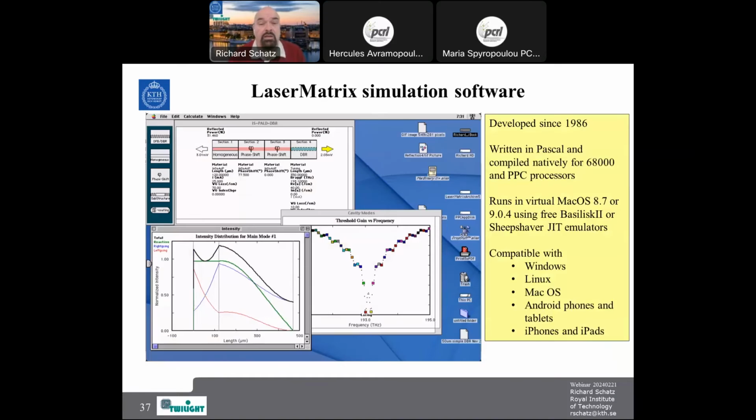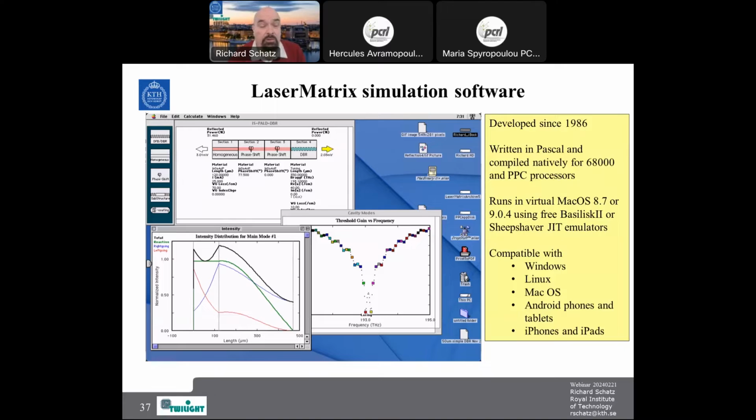So here is how it looks. I started development of this in 1986, in fact, so it's written for an older generation of Apple computers, for the 68000 and PowerPC processors. This means that in order to run this today, you need an emulator.